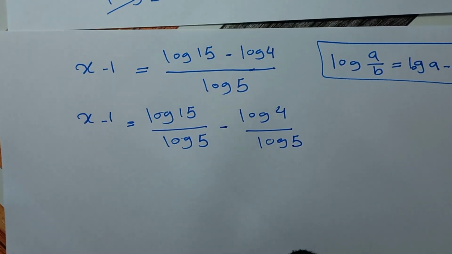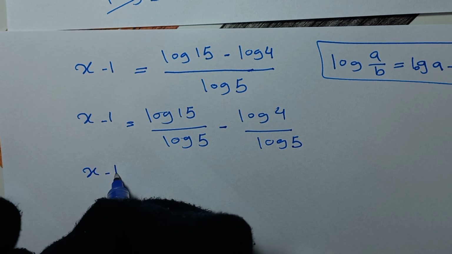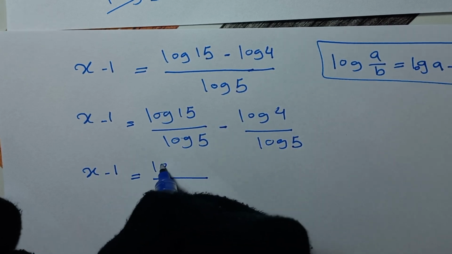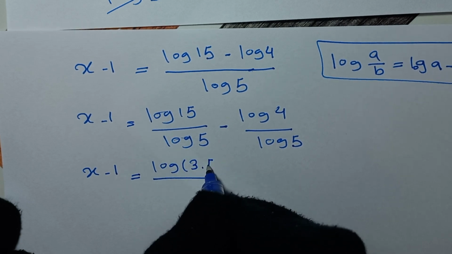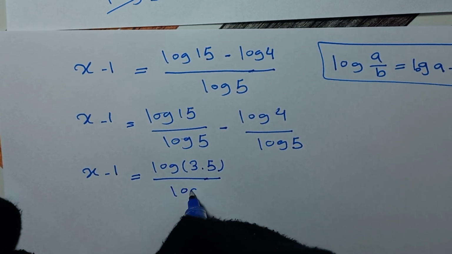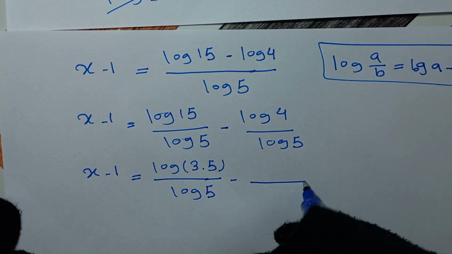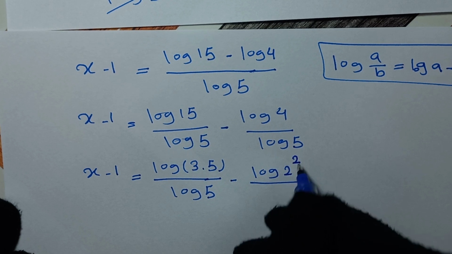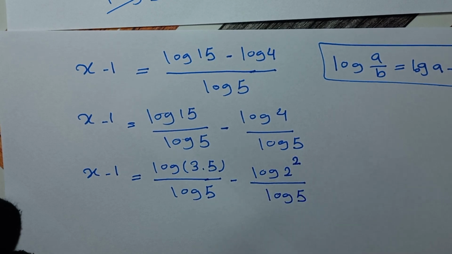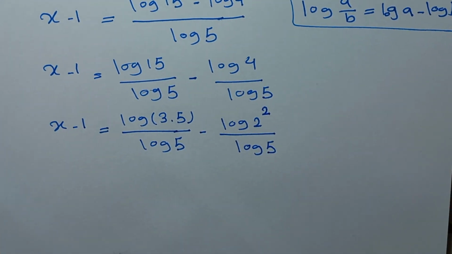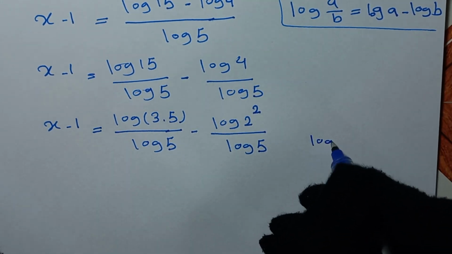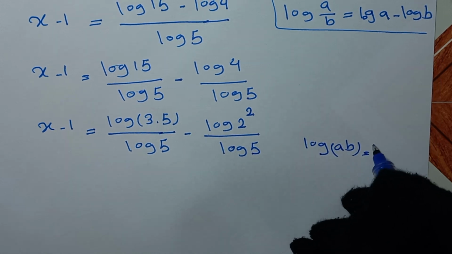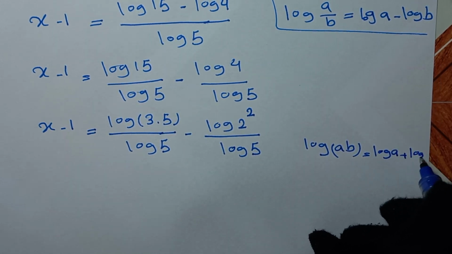In the next step, here we have log 15 and we can write 15 as 3 times 5, over log 5, minus, here we have log 4, and we can write 4 as 2 to the power of 2, over log 5. And in the next step, from log rules, if we have log of a times b, we can write this as log a plus log b.